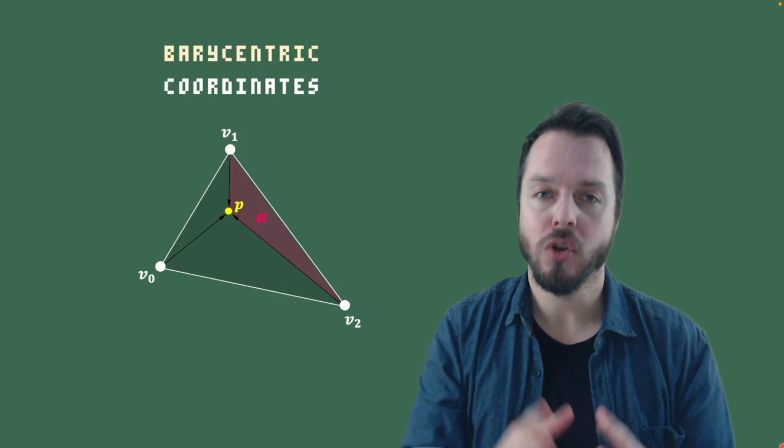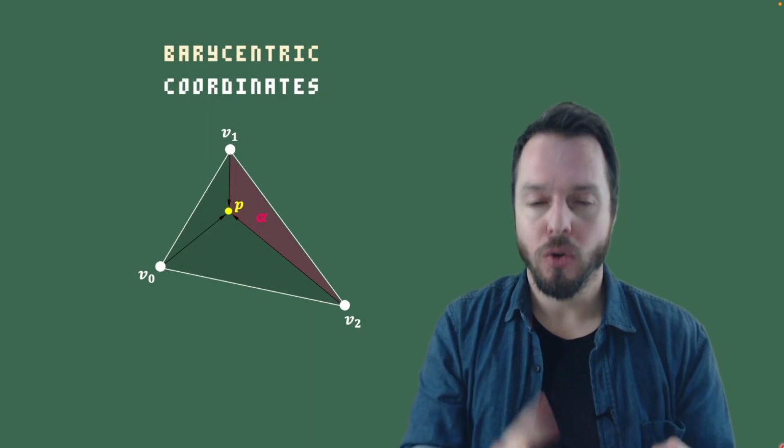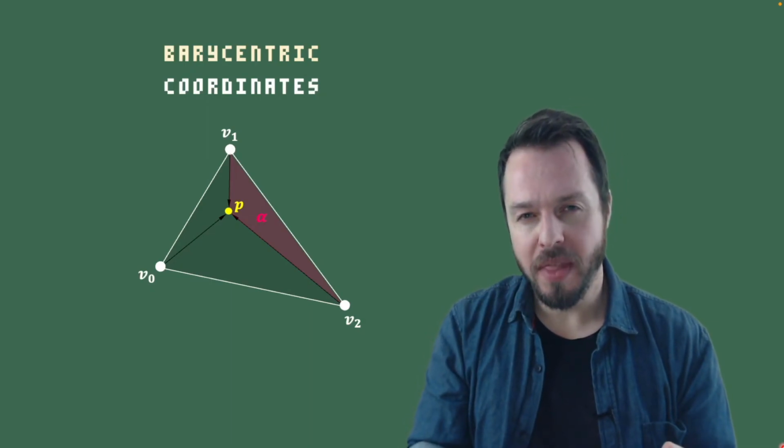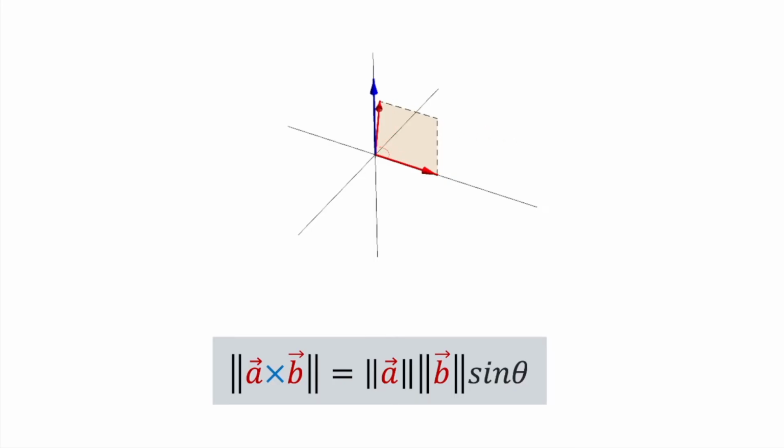And when I talk about the area of triangles, I want to explain something. Do you remember when we spoke about the cross product? The cross product has everything to do with the angle of those two vectors, and as the angle rotated, the magnitude of the cross product went positive, grew, then shrank and went negative.